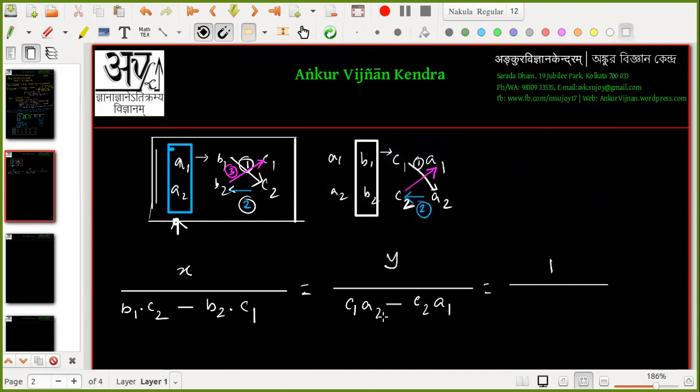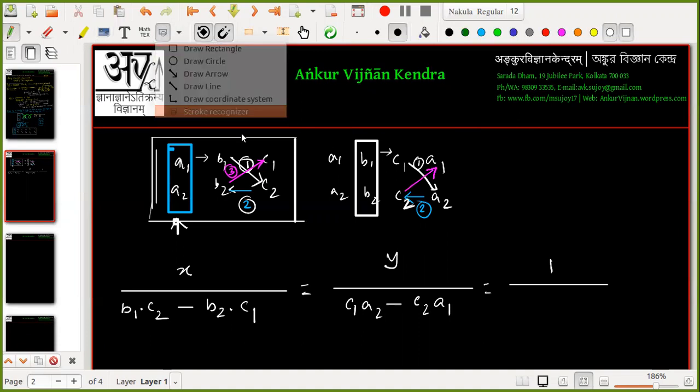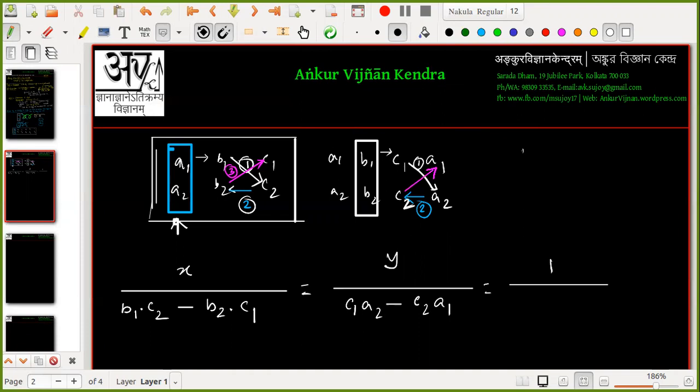So this was the second step. This is corresponding to X, this is corresponding to Y, and for the constant, what do we now have? We have again A1, A2, B1, B2, C1, C2. Then we are going to have A1, A2, B1, B2, like that.